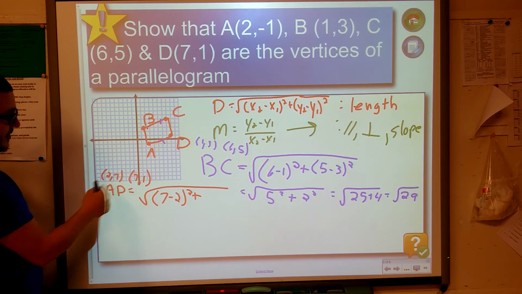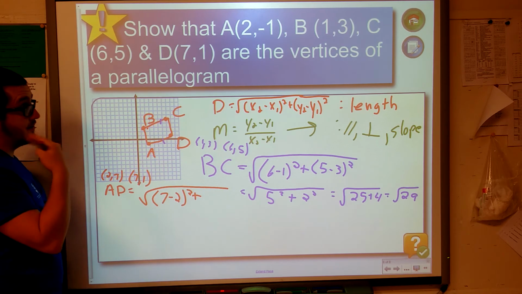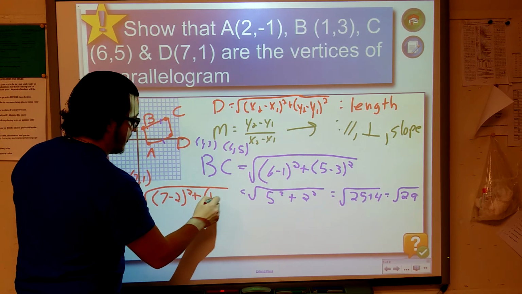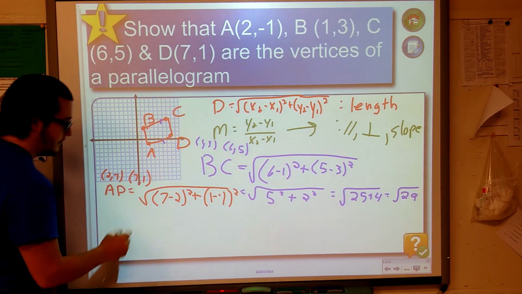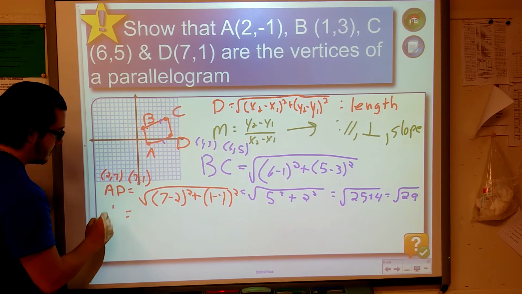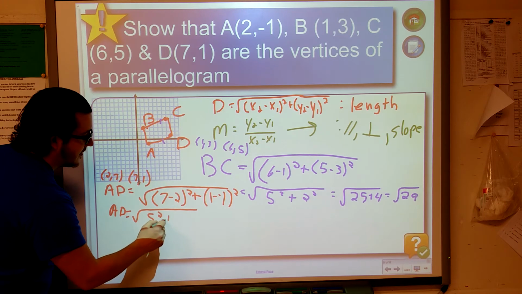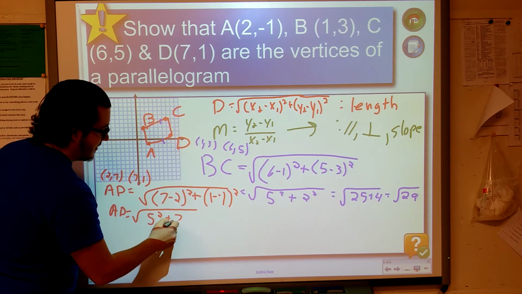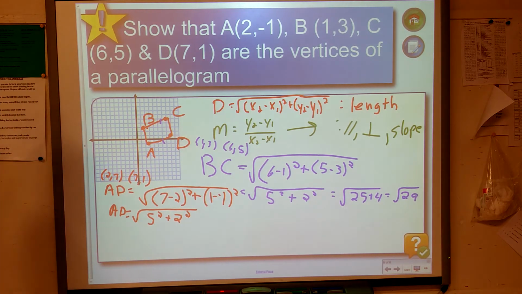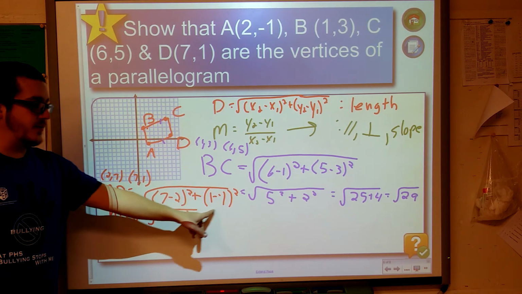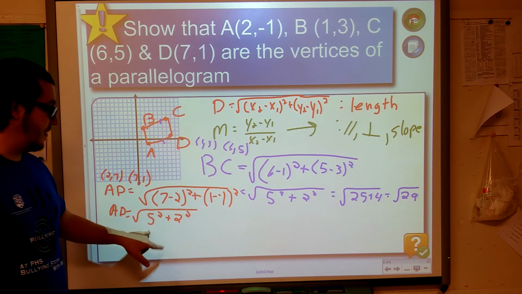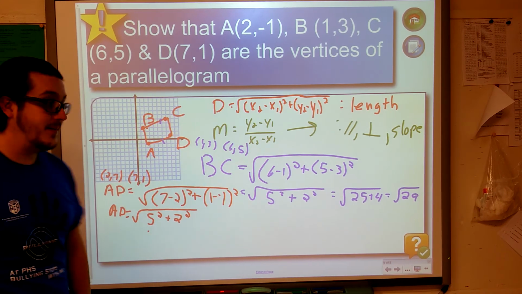Our y's are 1 and -1: 1 minus -1. Seven minus 2 is 5 squared. 1 minus -1 is 1 plus 1, right? So that's 2 squared. Look, we're already set up the same. We're going to get that same answer.